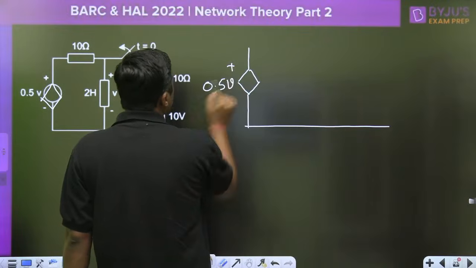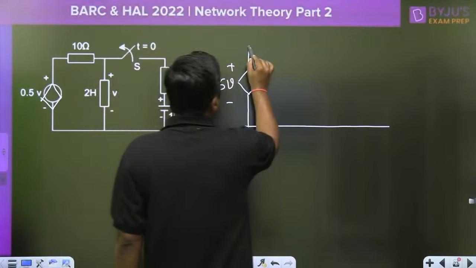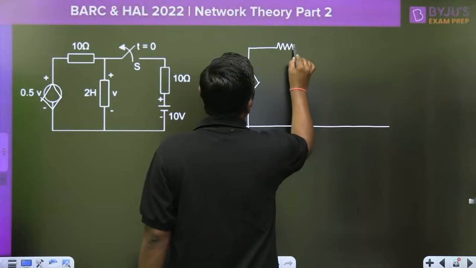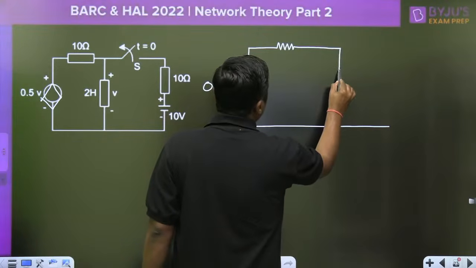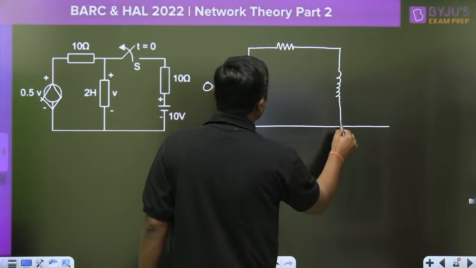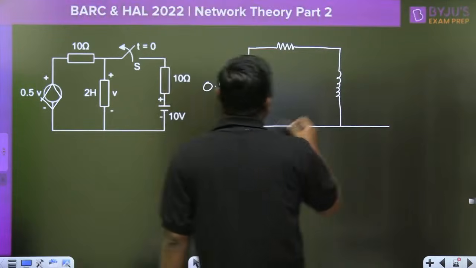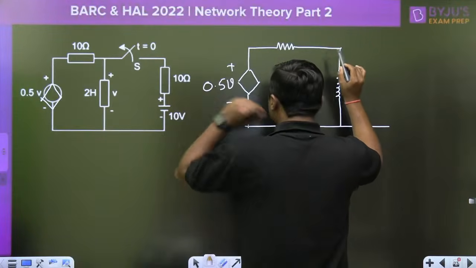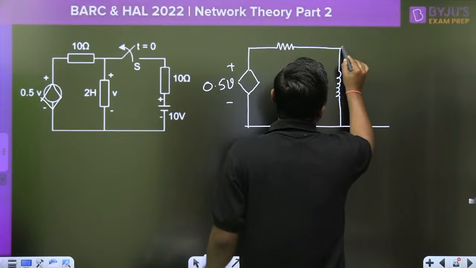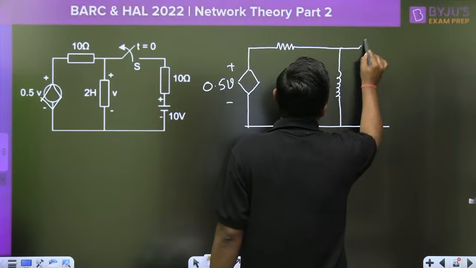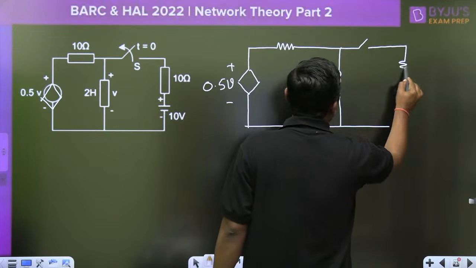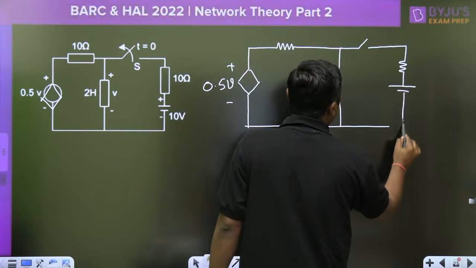Let, I am giving, this is the V, this is the 10 ohm, and this is the inductor. Now exactly at t equal to 0, now watch this diagram. Now this is the switch is opened. This is the 10 ohm resistor and this is the 10 volt battery.